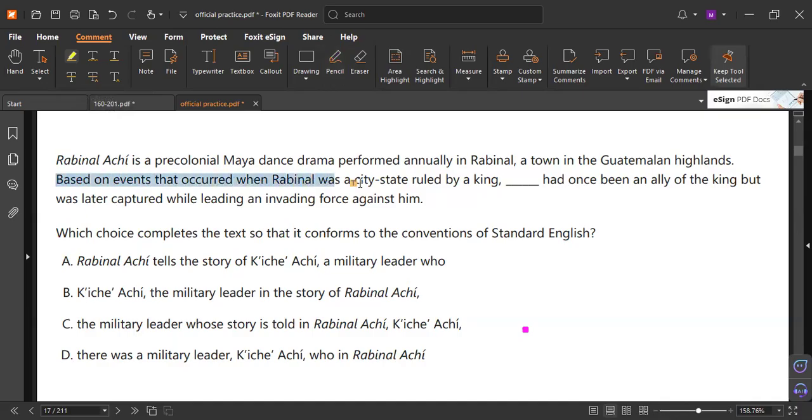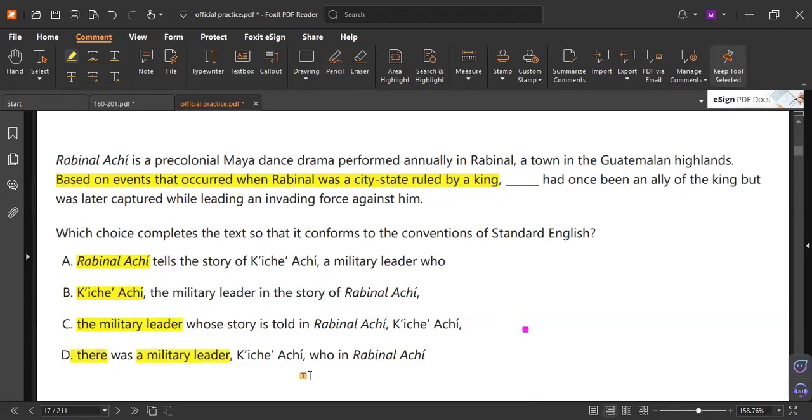Expect the modifier, the beginning of the sentence is verb plus ed or verb plus ing. Look at the beginning: what is based on events that occurred when blah blah blah? This person? This point? Or the military leader?